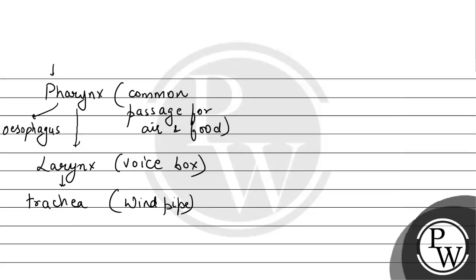For example, if I draw the diagram of it, here is the nostril, like this is the nose, then the pharynx, then it opens to the larynx, and this larynx will then continue into the trachea.